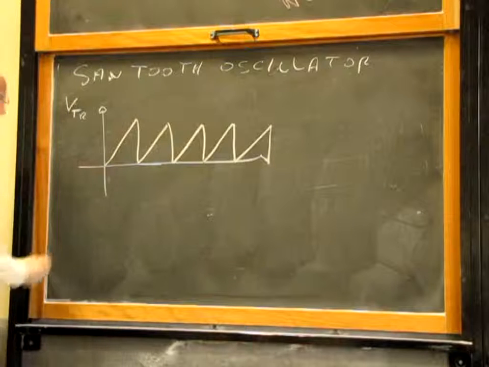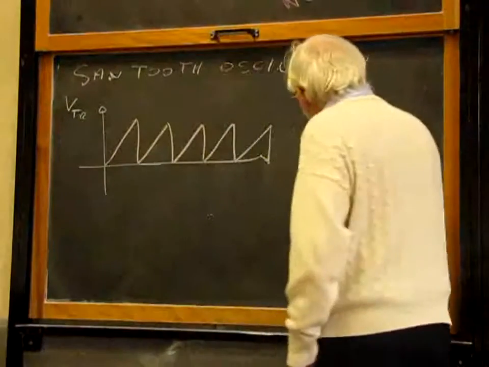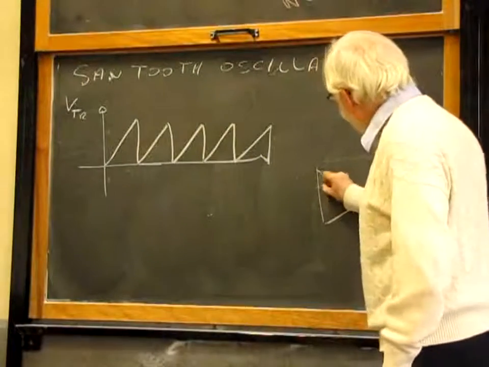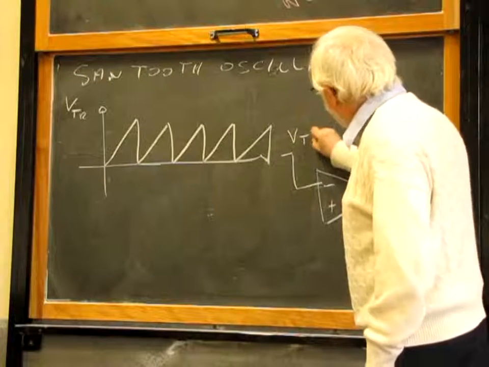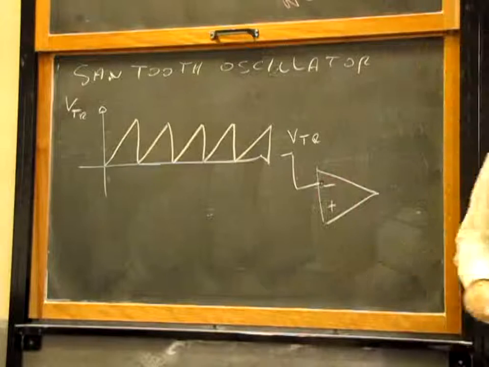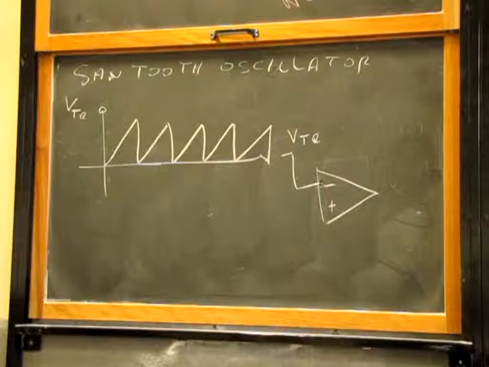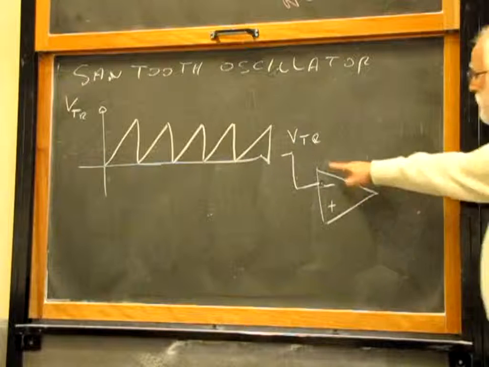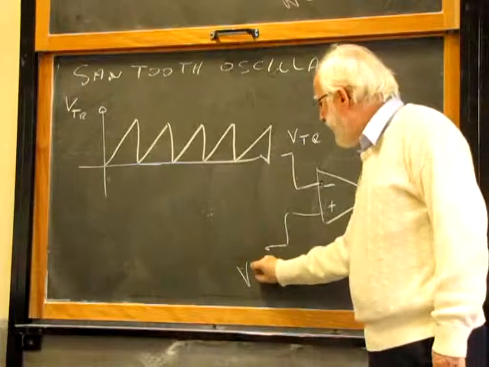And I go with this sawtooth waveform into a comparator. On the inverting input of this comparator I put the sawtooth waveform, and over here I put the error signal.